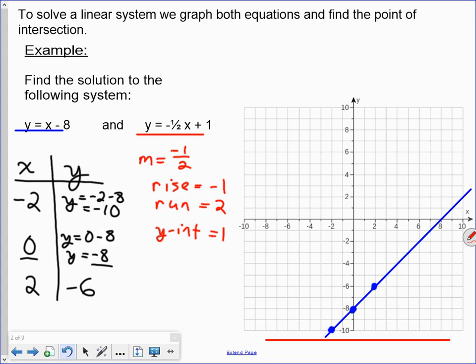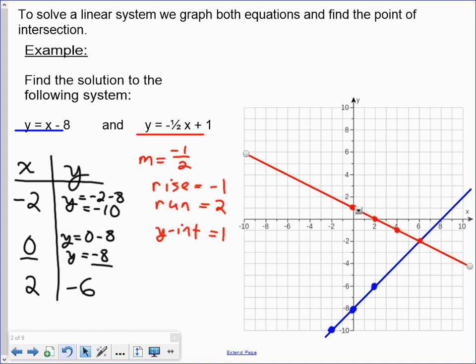So we could start from our y-intercept of 1 here, and we could go up 1 and over 2 to get to the next point, up 1 and over 2, and so on. And then draw a nice straight line through these points and make sure we extend it so it goes all the way to the edges of our graph.